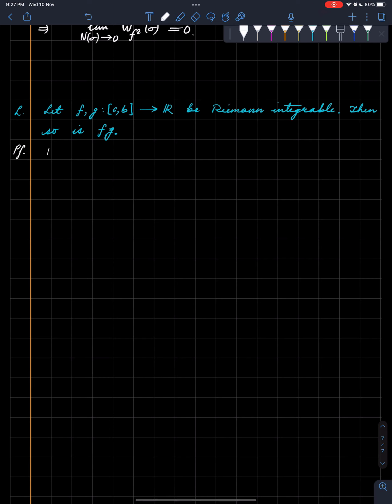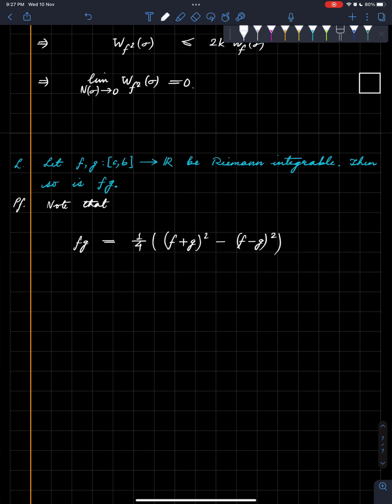So note that the product is 1/4 of (f plus g) whole square minus (f minus g) whole square. Okay, this is again basic algebra, and we have already seen that if f and g are Riemann integrable, then this is Riemann integrable, and since this is Riemann integrable, its square is also Riemann integrable. So this guy is Riemann integrable.